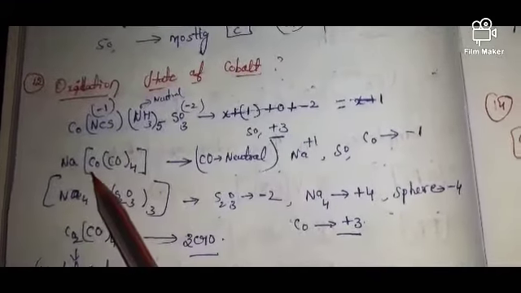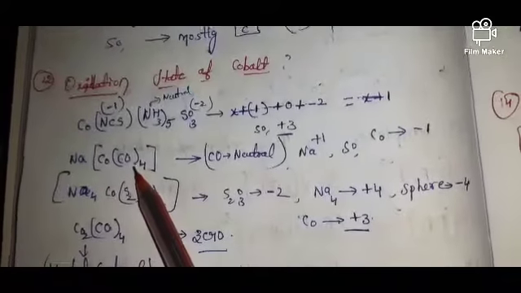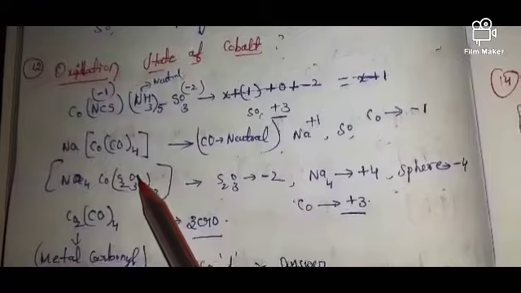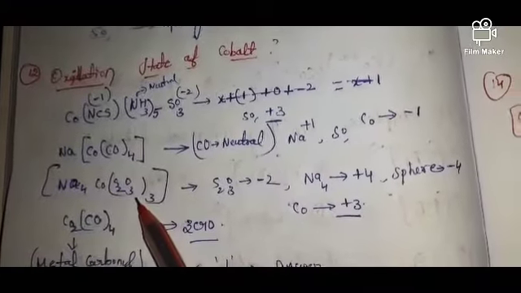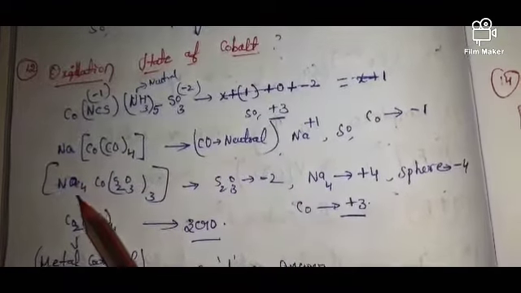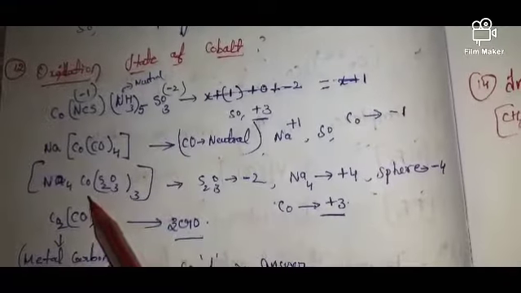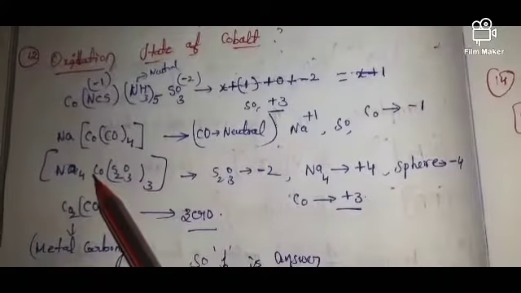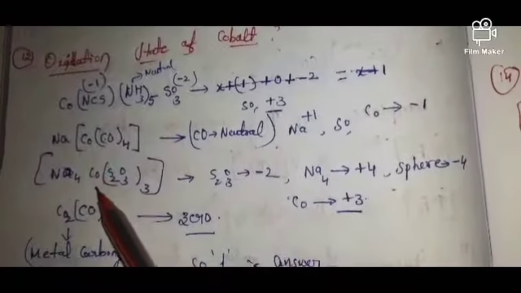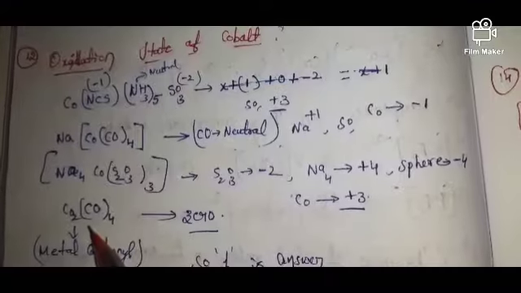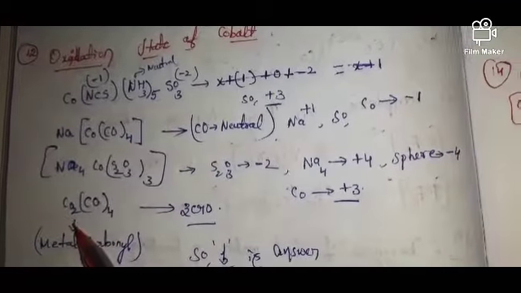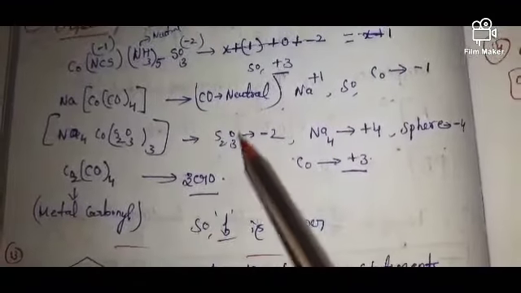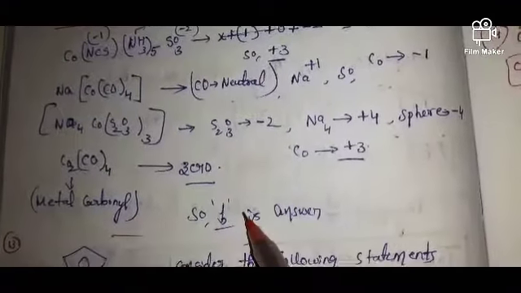Na exists in +1, so the cobalt will have -1 charge here. Next, S2O3 will have -2 charge. Sodium exists in +1, so -4 oxidation state will be present in the sphere. So here the cobalt will exist in +3. Next, this is a metal carbonyl, so it exists in 0 oxidation state. So our answer is B, friends.